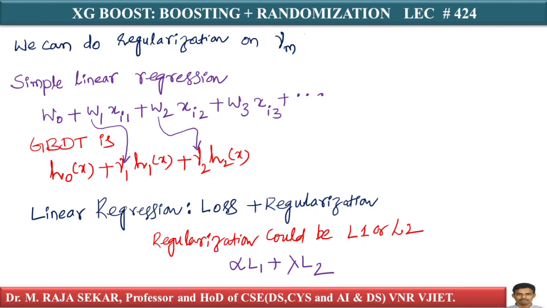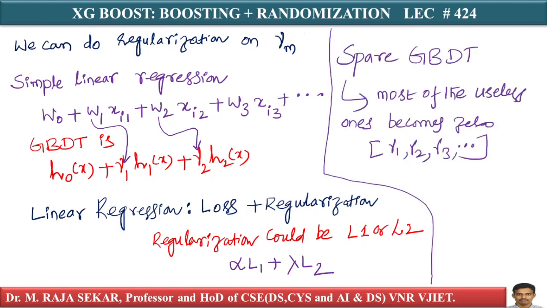If you want a sparse GBDT, most of the useless or not so useful gammas, gamma1, gamma2, gamma3 and so on, will become 0. This is very powerful in sparse GBDT, especially if you want to limit the number of base learners because of low latency requirements. Then you can actually try this.